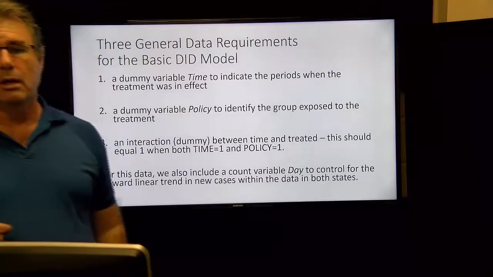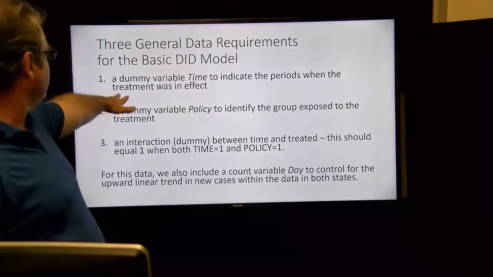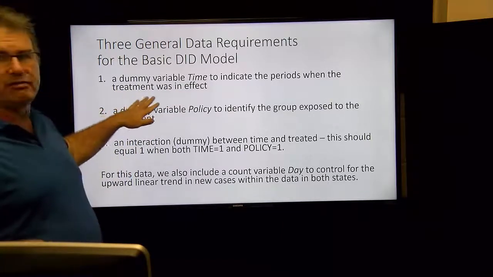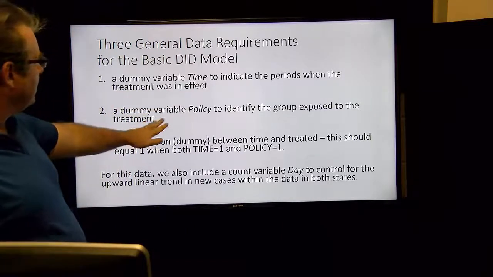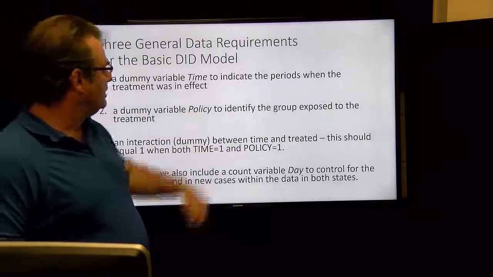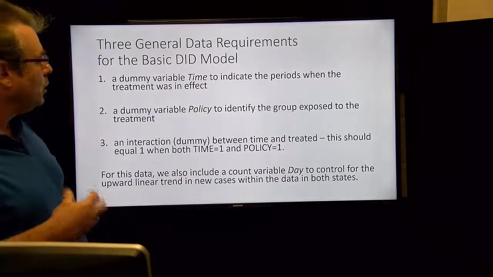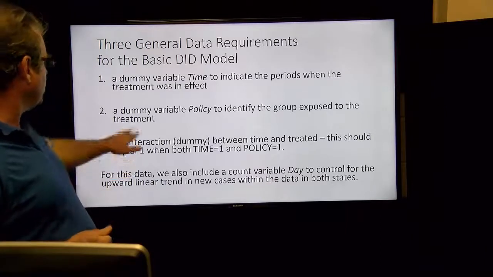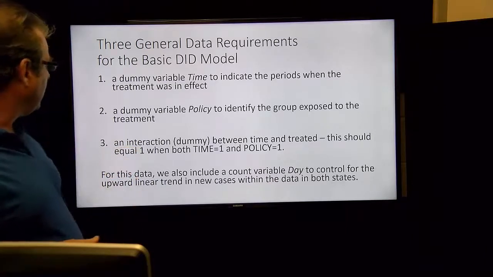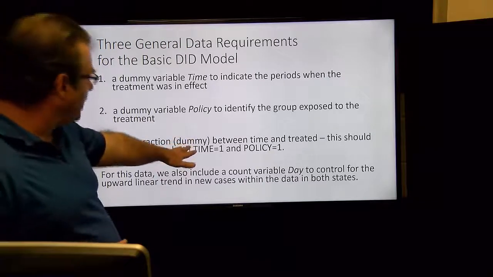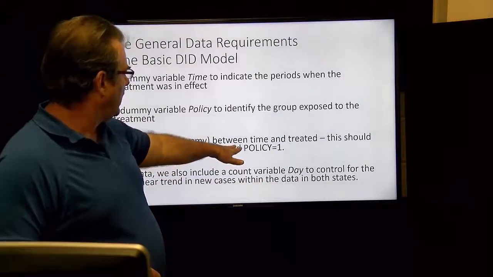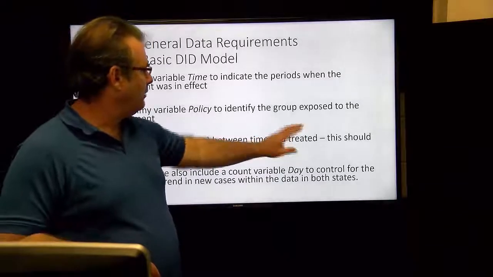And so remember here, we have a dummy variable, time, and this indicates the period when the treatment was in effect. We've got a dummy variable called policy, and this identifies the group or the state that's exposed to the treatment. We've got an interaction term, which is a dummy variable also. It's an interaction between two dummies, and it's between time and the treatment.